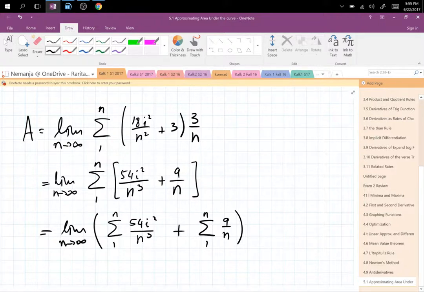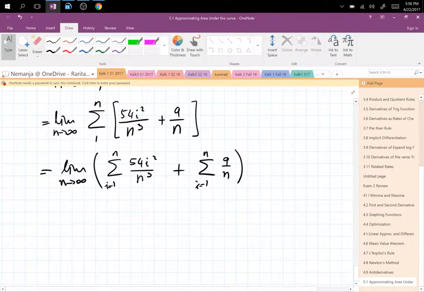The variable for summation is i, because it's i equals 1, right? So the variable for it is i. It doesn't care about number 54. It doesn't care about n cubed. You can kick those outside, because the summation will only operate on i squared.